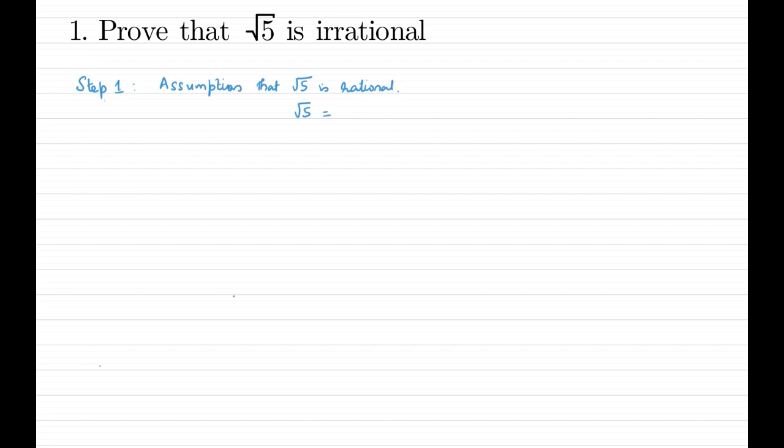Root 5 will be equal to a by b, where a and b are integers and b is not equal to 0. Moreover, a and b have got only one common factor, that is 1. Apart from that, they don't have any other common factor. Hence, they are co-prime numbers.